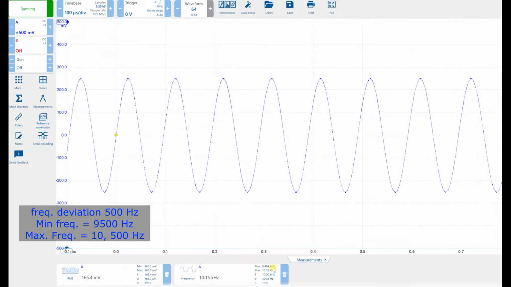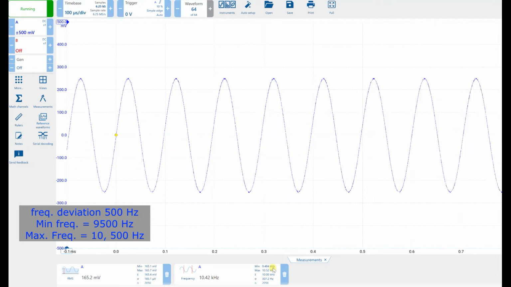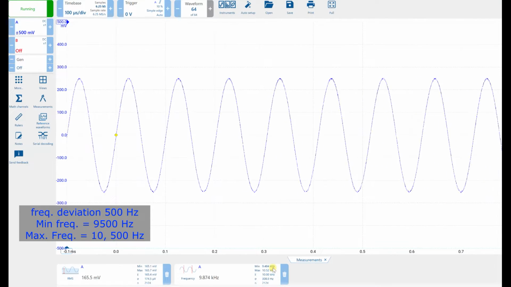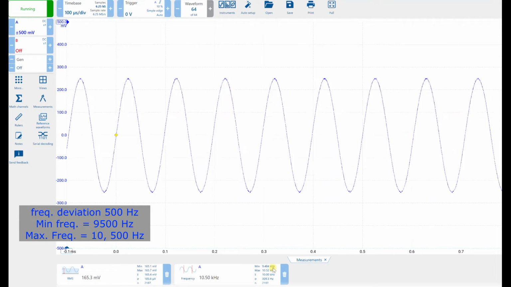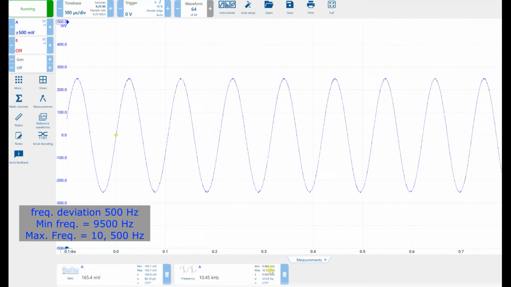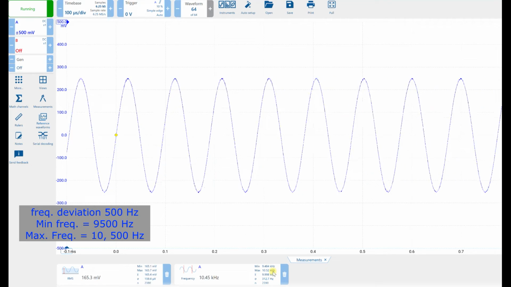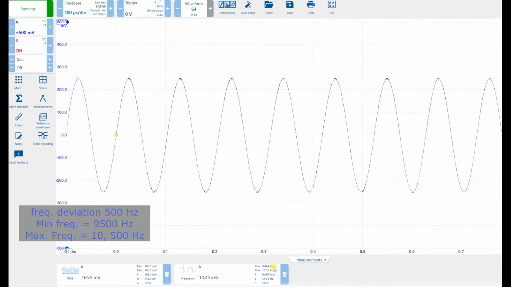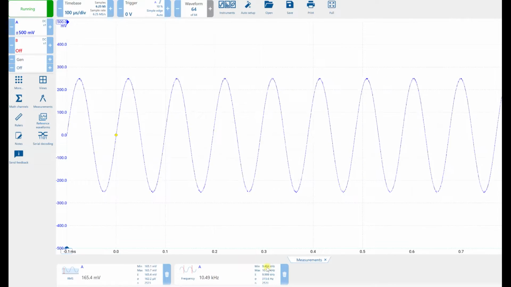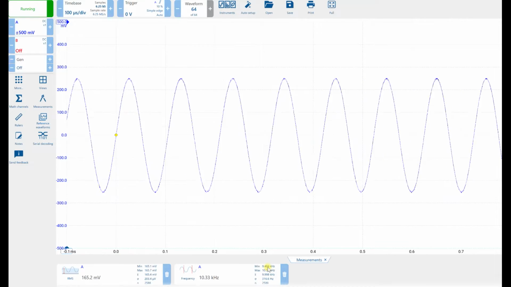And I have my generator set to a frequency deviation of 500 hertz, which means it'll go to a maximum of the 10 kilohertz plus 500, and that's what you're seeing there, and it'll go to 10 kilohertz minus 500, and you're seeing about 9.5 kilohertz there.